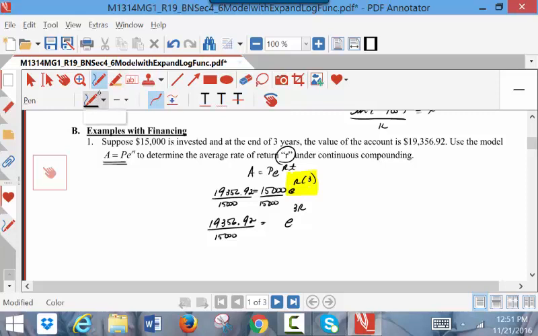Okay, so just as with those examples above, to get the exponent off of the e, we're going to take the natural log of each side of this equation. Then we can pull the 3r to the front, knowing that the goal is to solve for r.